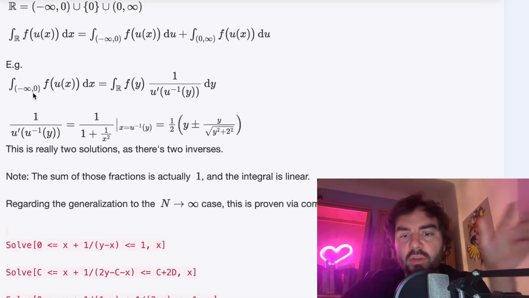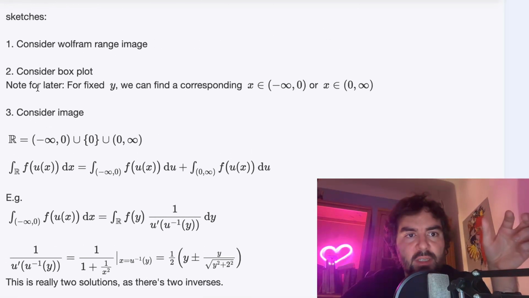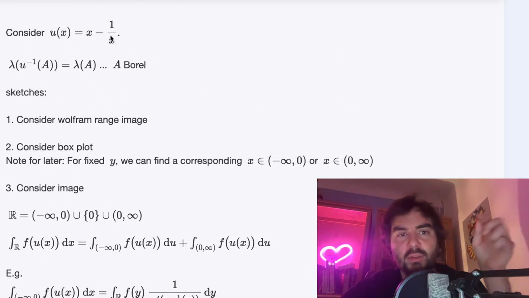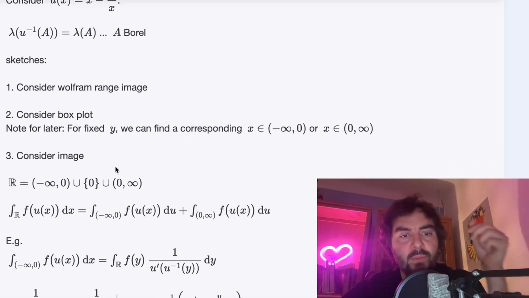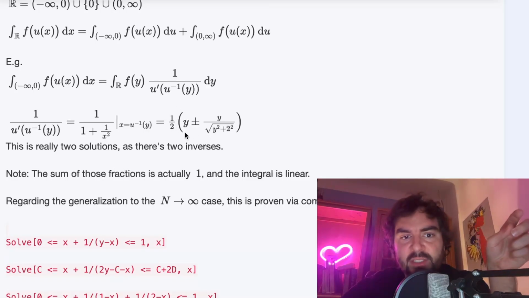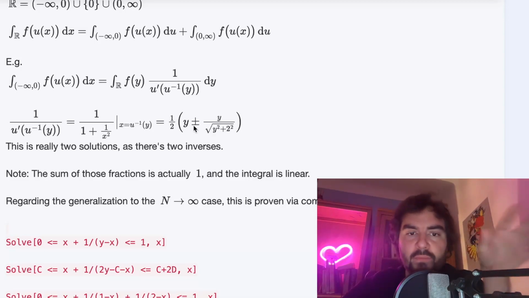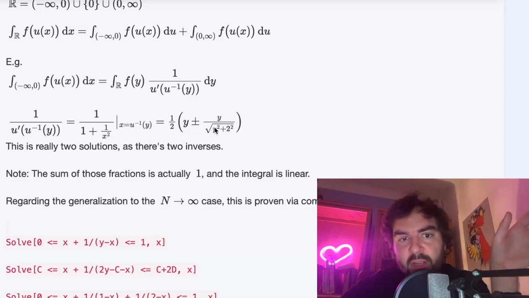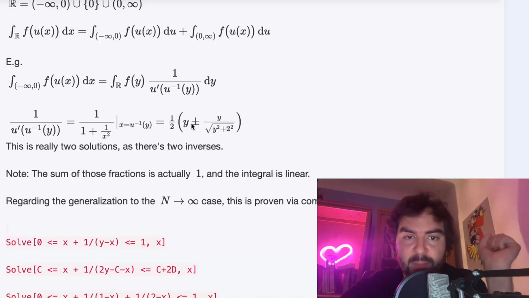If you write this down, since this is such a simple expression, you say, for fixed y, what is x in terms of y? You just solve a quadratic equation and you get these solutions. Here in this equation it's a little bit sloppy. I wrote both solutions in one equation, but I denote them with plus minus.